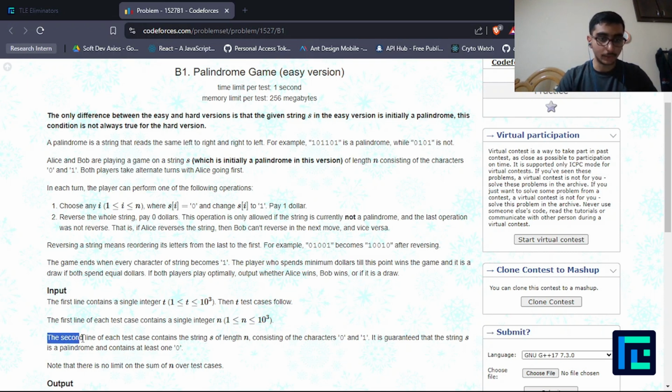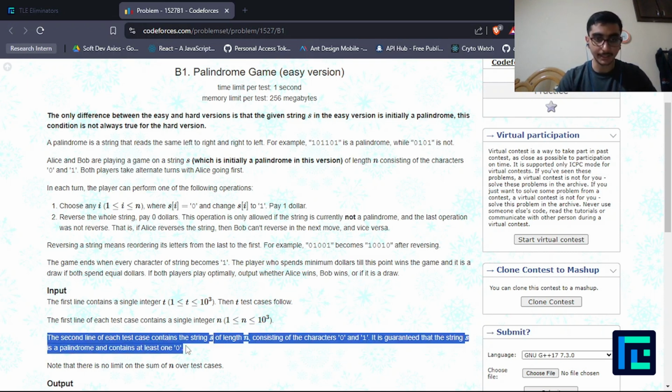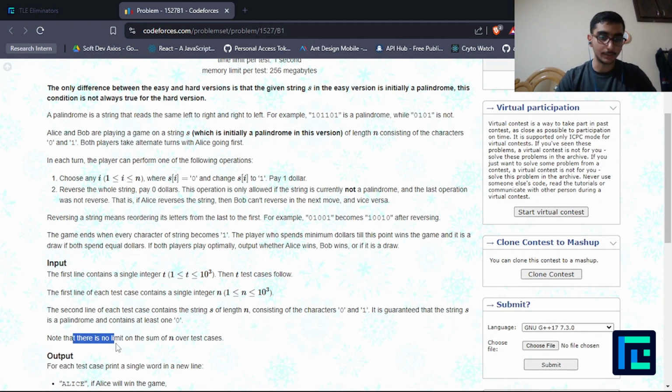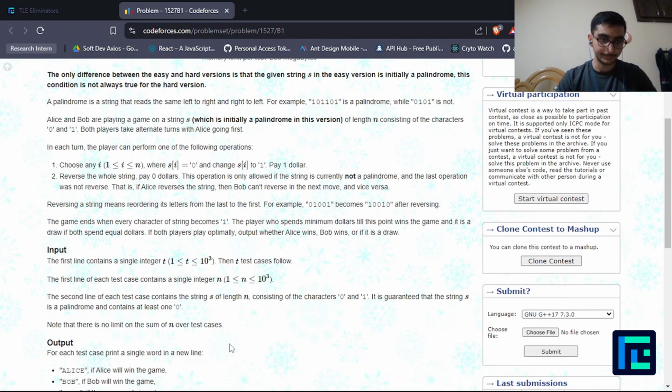Now the following line of each test case would contain a single string s of length n, which contains only the characters 0 and 1, and it is guaranteed that the string s is a palindrome and contains at least 1 zero. Now note that there is no limit on the sum of n overall test cases.